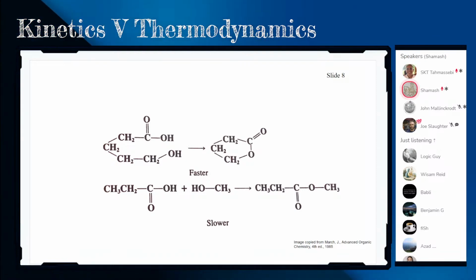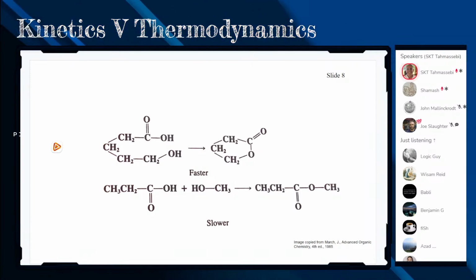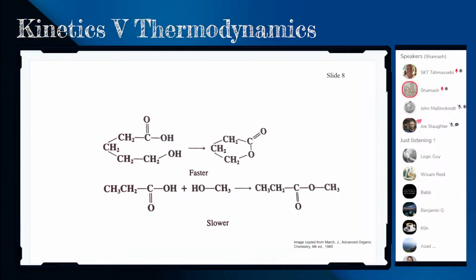Does it require an activation energy as well? Yeah, the delta G double dagger is the activation energy. So delta G double dagger is a component of the activation energy. Whereas the one on the top is completely spontaneous. Whenever you place the molecule, it will immediately react. They both are, right? One goes faster than the other.